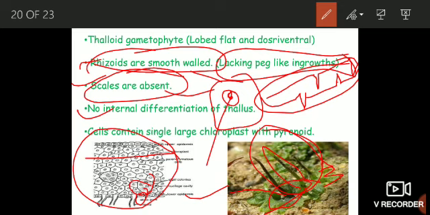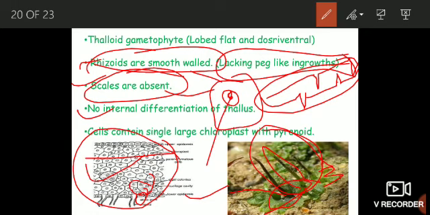Although air pores and air chambers are absent in Anthocerotopsida, they are present in Hepaticopsida. Remember this. But in Anthocerotopsida, the thallus contains intercellular mucilage cavities, and these open to the ventral surface with the help of slime pores.